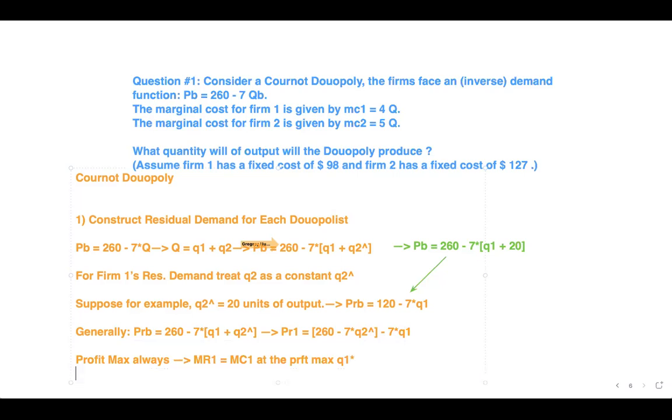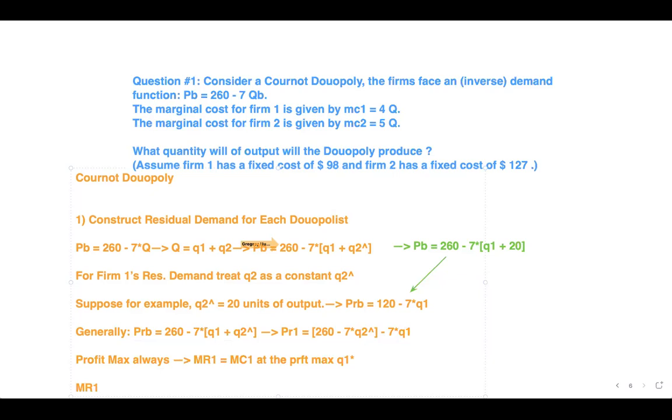Okay, so the only thing that we're missing is we have residual demand, but now with residual demand, we have to construct a marginal revenue function. And technically speaking, you could call this the residual marginal revenue function because it's based on the residual demand, but that's just language.